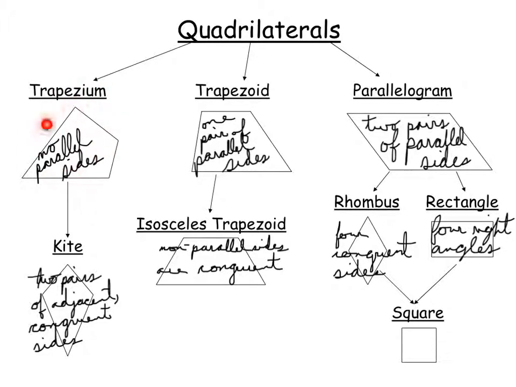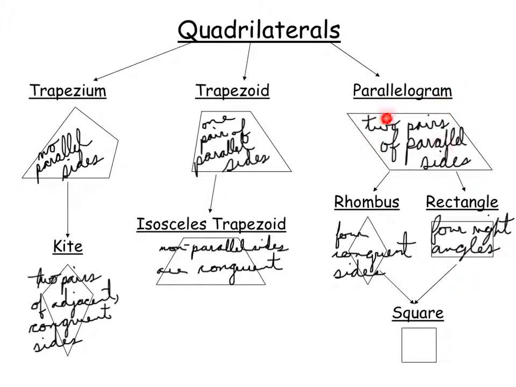But not every trapezium is going to be special. So kites will always be trapeziums, but trapeziums will only sometimes be kites. Similarly, we have our trapezoids, which sometimes are special, and our isosceles trapezoids. But since an isosceles trapezoid is just a special type of trapezoid, that means this is always a trapezoid.